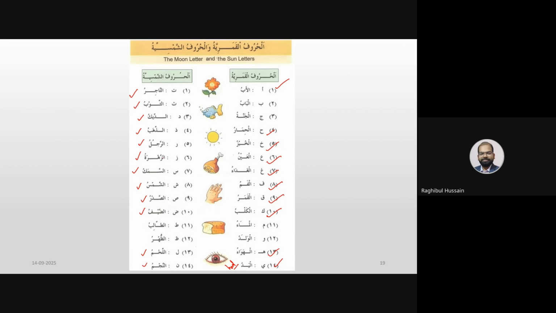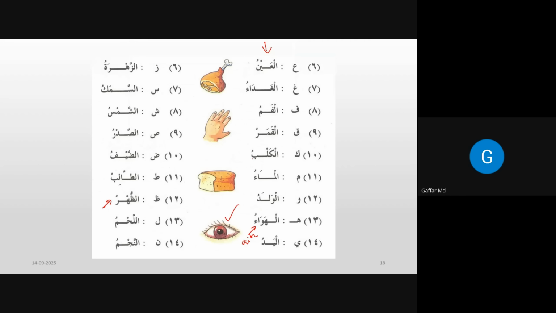Take one question from my side. What is it called, in the huruf qamariyya, that zero symbol that is there? Sukun. This zero, right? In Arabic, it is called jazam or sukun.